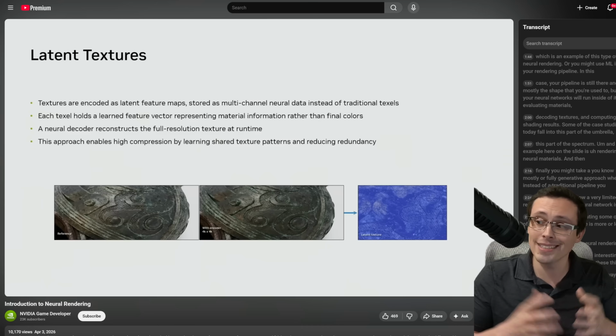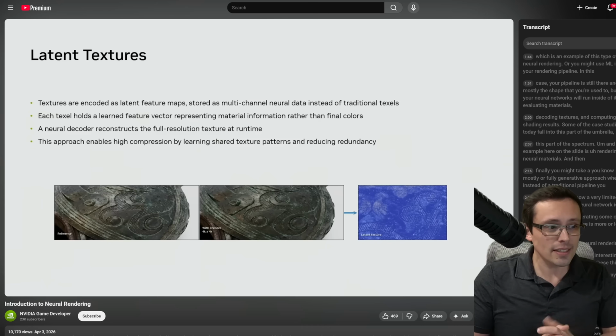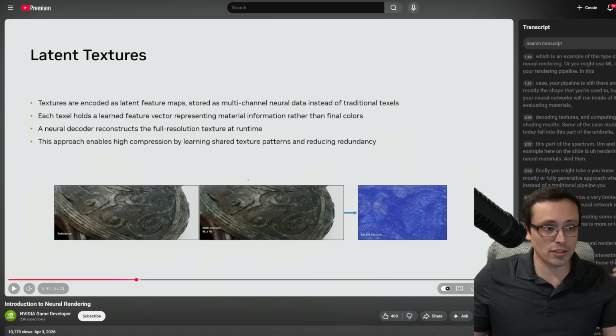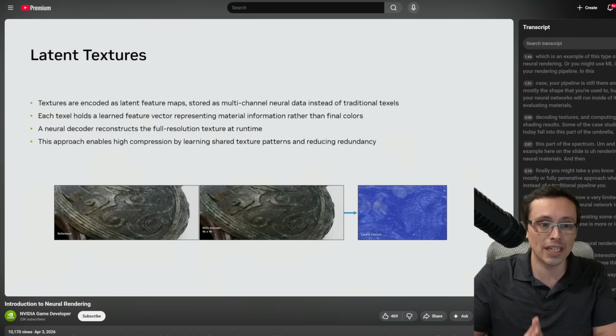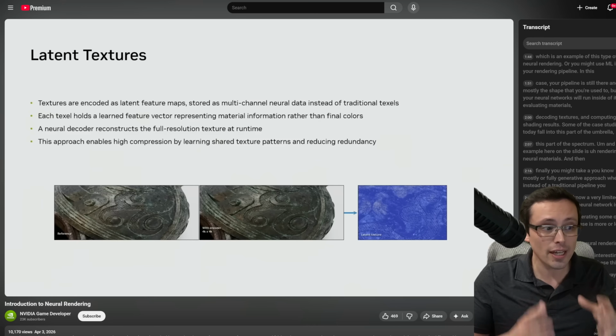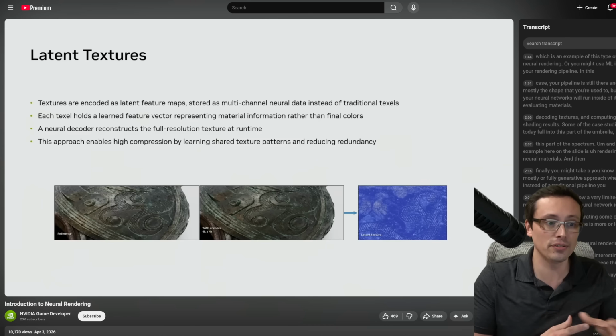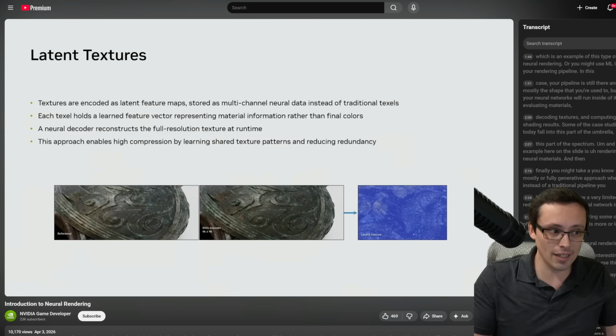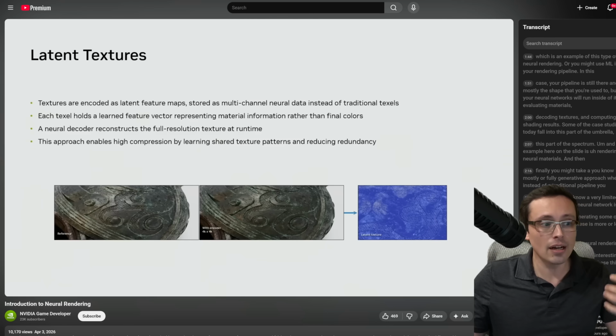So like with neural texture compression, you basically figure out a latent texture. So textures are encoded as latent feature maps stored as multi-channel neural data instead of traditional texels. Each texel holds a learned feature vector representing material information rather than final colors. And a neural decoder reconstructs the full resolution texture at runtime.